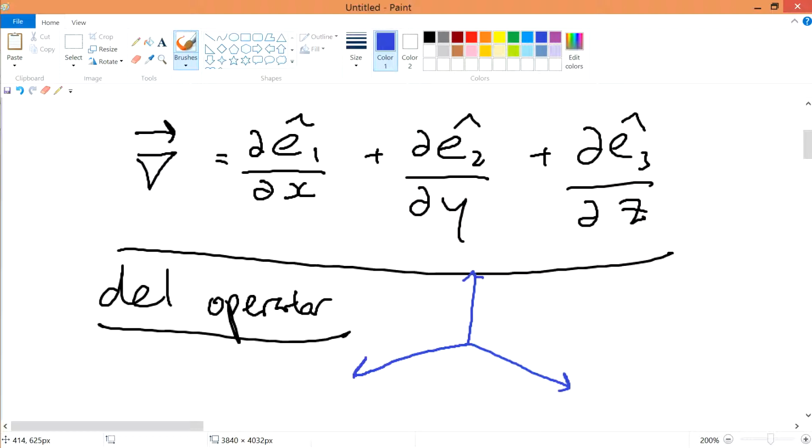Okay, so this is some space, and then I have the basis vector with magnitude 1. Alright, this is e1 hat, this is e2 hat, e3 hat.